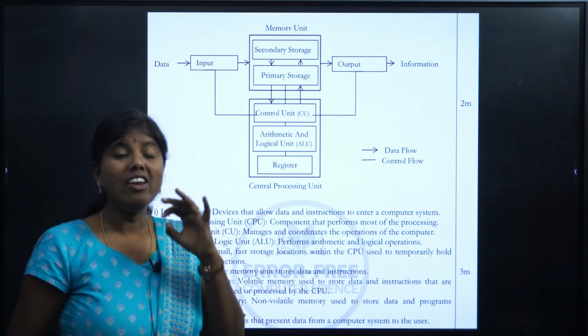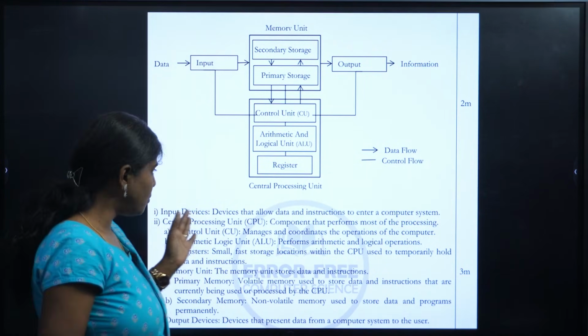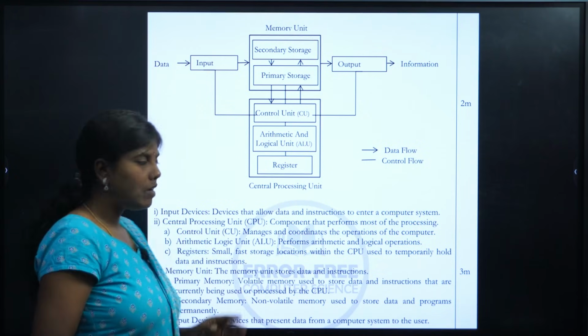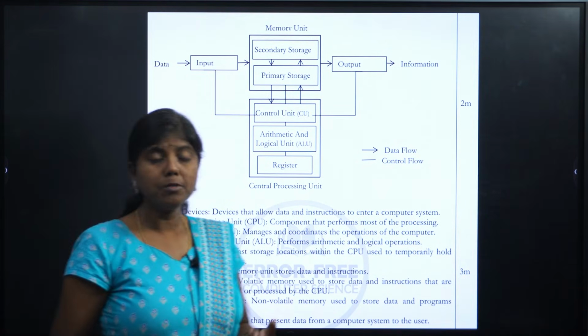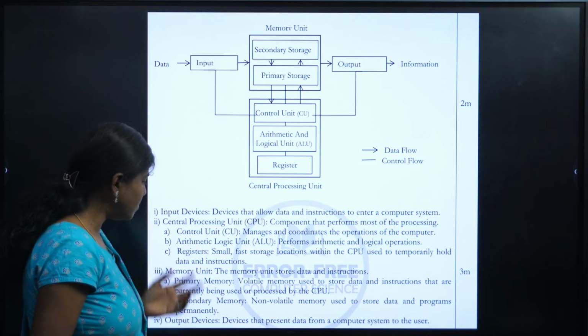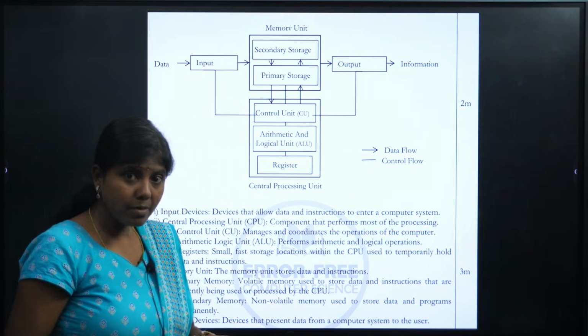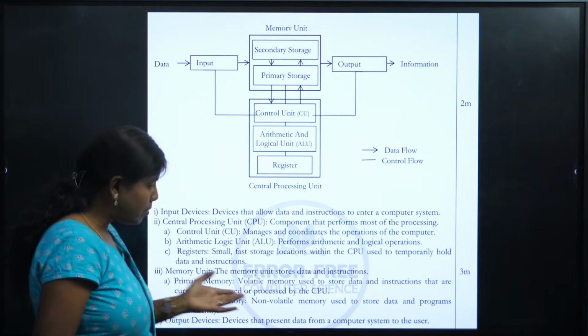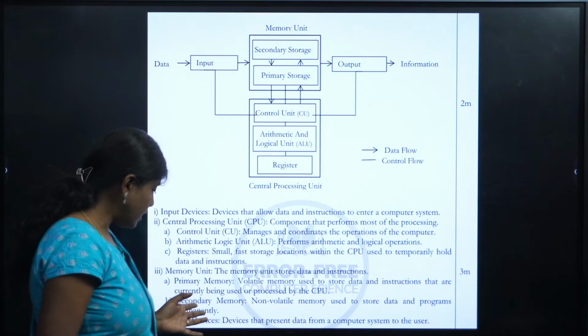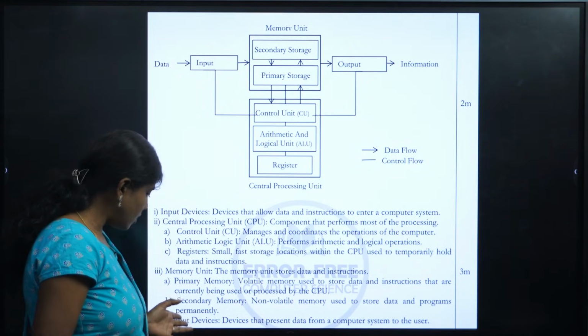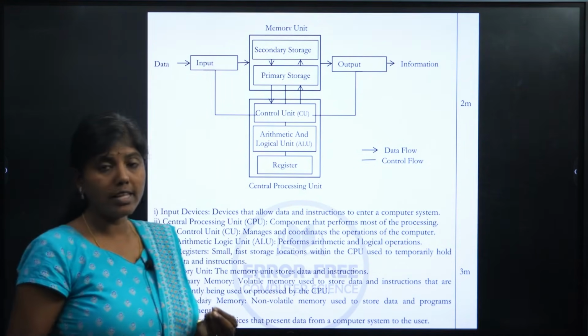Whenever you write about input, give some example of an input device. Whenever you write about the CPU, tell about the control unit and the ALU. For the memory unit, primary memory, give examples like RAM, ROM; secondary memory, give examples like CD, DVD, hard disk. And for the output device also you need to give an example.